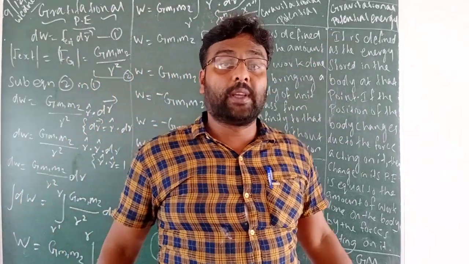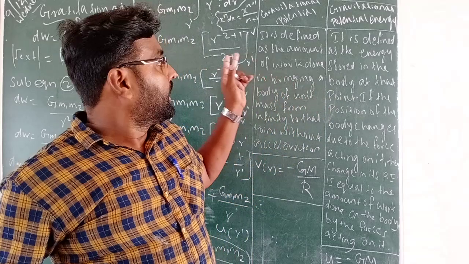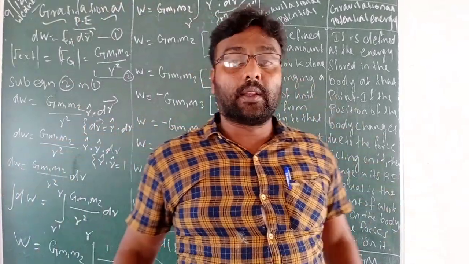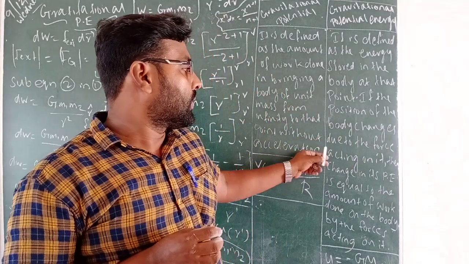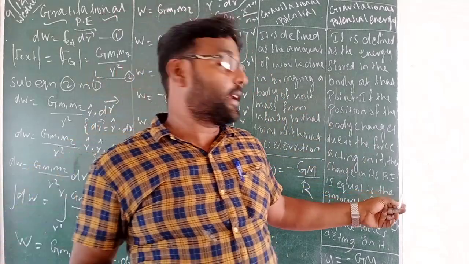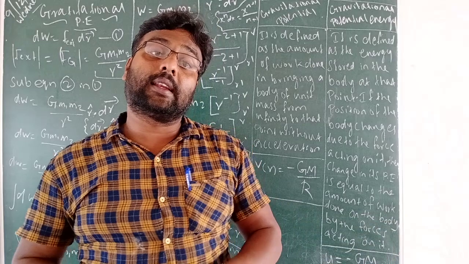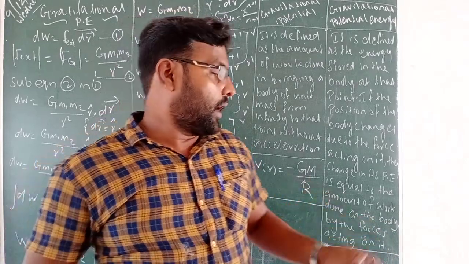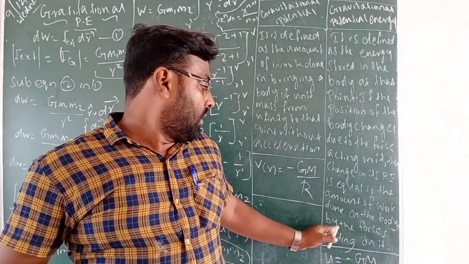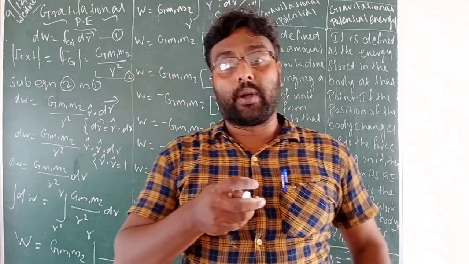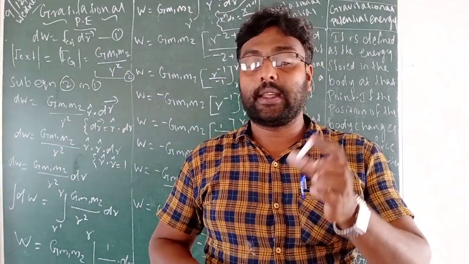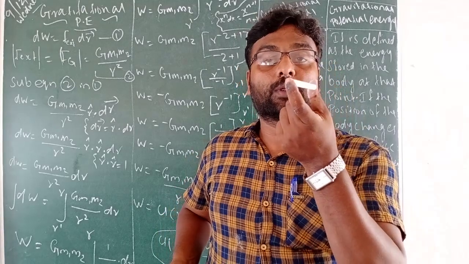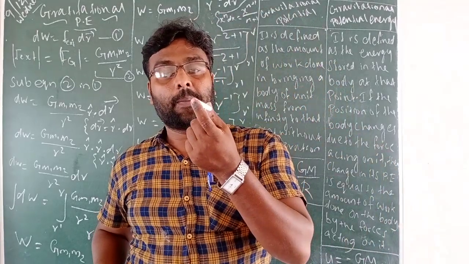Gravitational potential energy means what? It is defined as the energy stored in the body at that point. If the position of the body changes due to the force acting on it, the change in potential energy is equal to the amount of work done on the body by the force acting on it. I told you before, if any object is in its position, it possesses some potential energy.